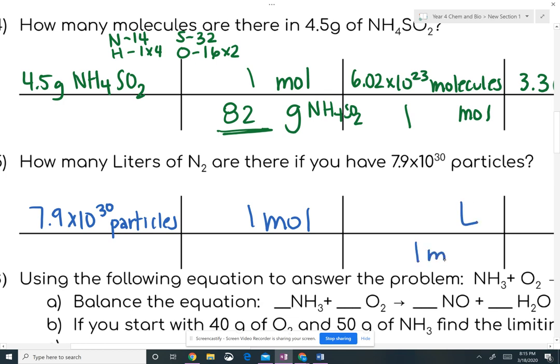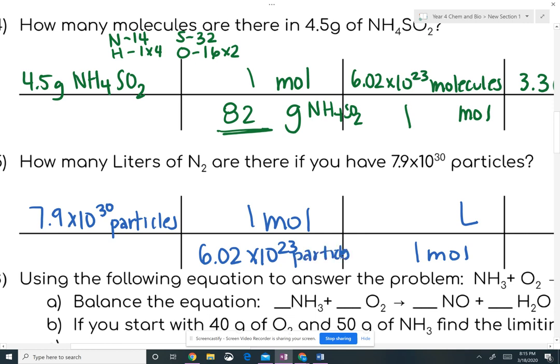I want my moles to cancel, so moles are going to be at the bottom. And then I'm going to do these conversions. So in order to go into how many particles are in 1 mole, that's going to be Avogadro's number, which is 6.02 times 10 to the 23rd particles, right?